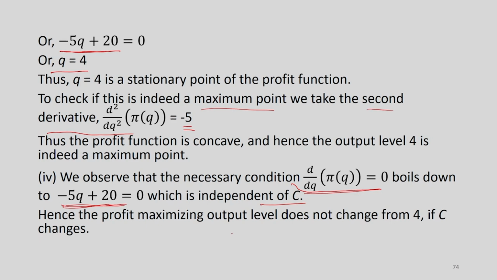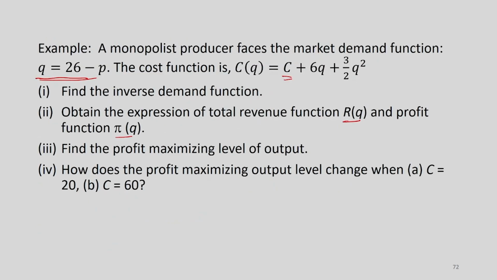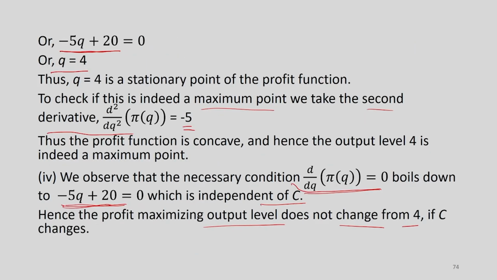Hence, the profit maximizing output level does not change from 4 if capital C changes, right. So, if the fixed cost changes as it is written in the question from 20 to 60, it does not make any difference to the profit maximizing output level, it remains at 4.